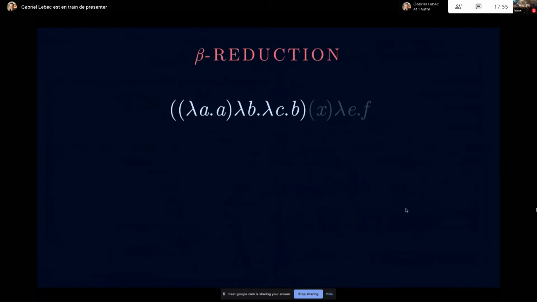So how does this work? Well, we can see we have a function here in red that takes an input and returns the same input. And that function is being applied to everything to the right. It's being applied to this expression here.